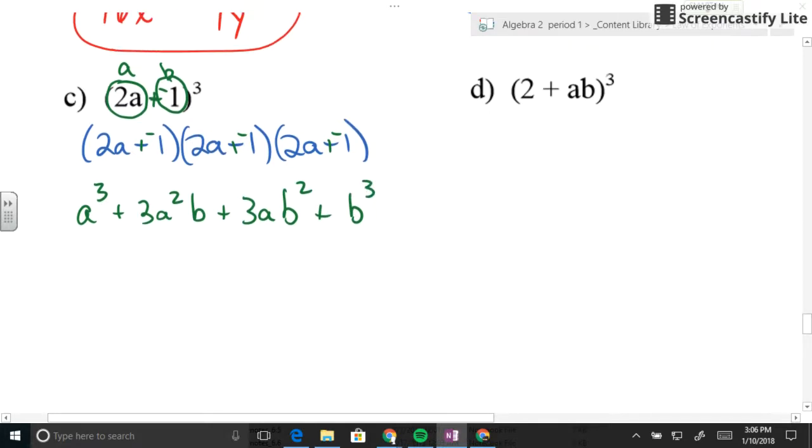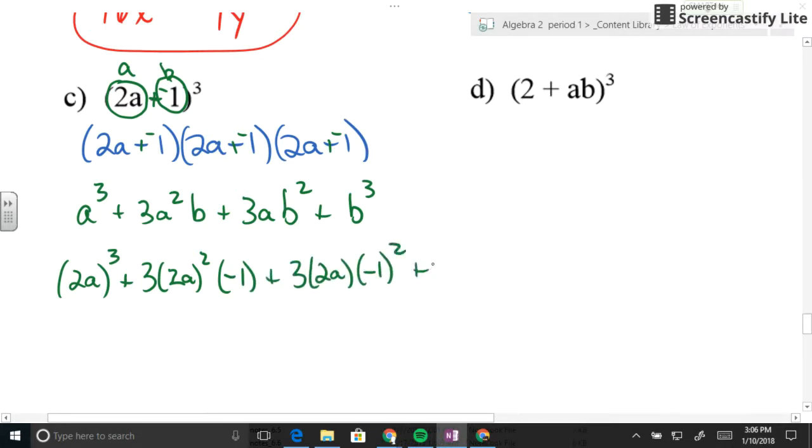So everywhere I see an a, I just replace it with 2a, but I put the 2a in parentheses. Everywhere I see a b, I'm going to take that b, which is a negative 1, and put a negative 1 in parentheses. So instead of a cubed, a is now 2a, so I put 2a cubed.